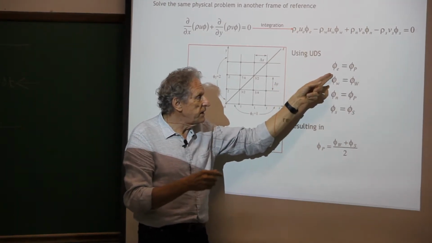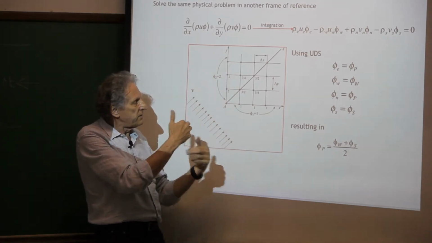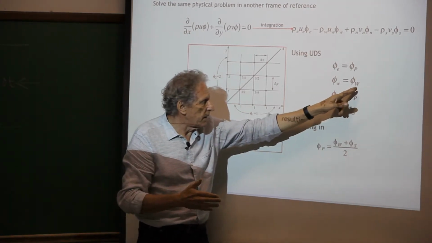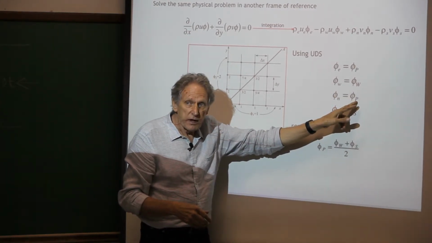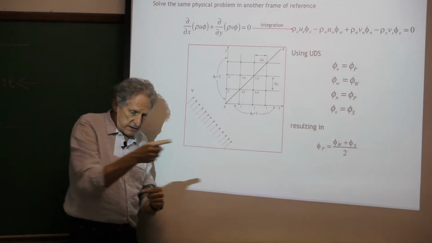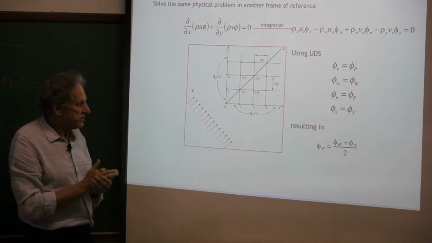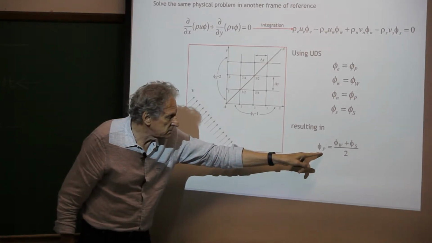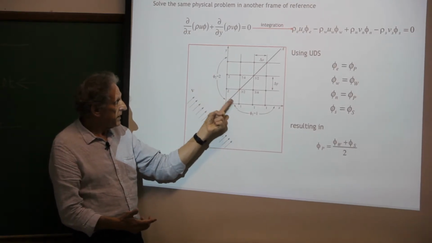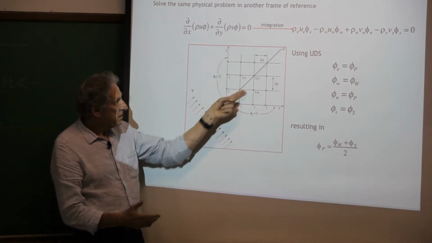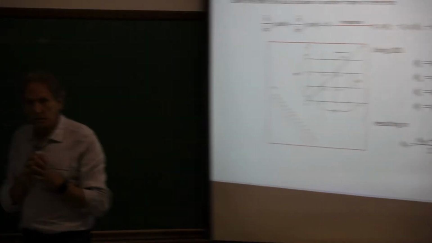And then you have that phi e is equal to phi P, phi n is equal to phi N, phi small, just upstream, pure, considering the coordinate axis, which results in that. Which means that the value will depend on that, and that is clearly some diffusion there.